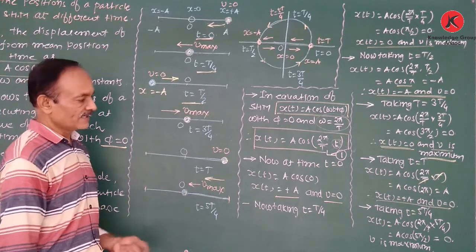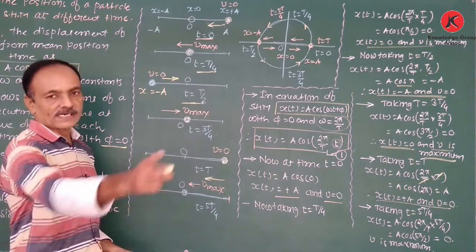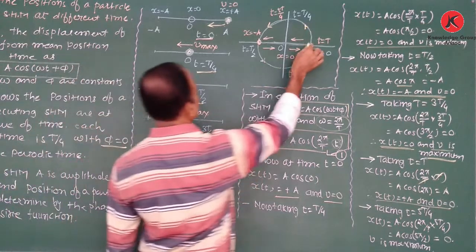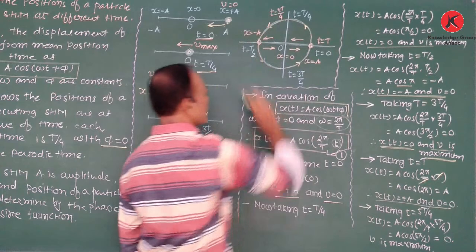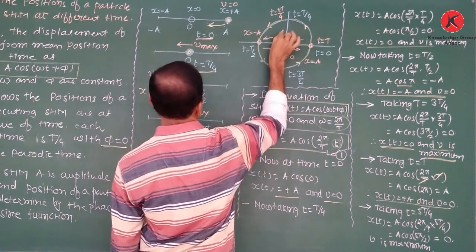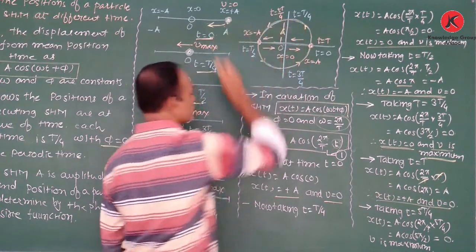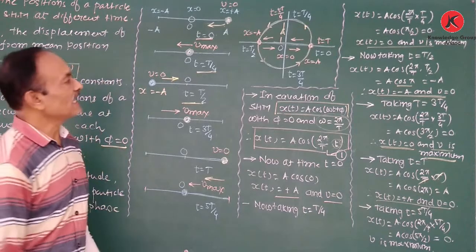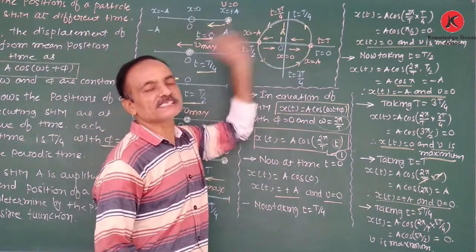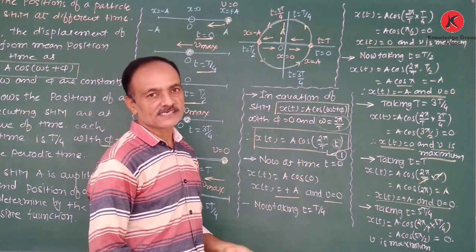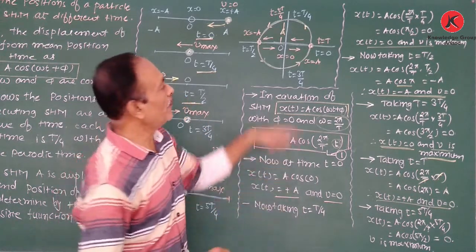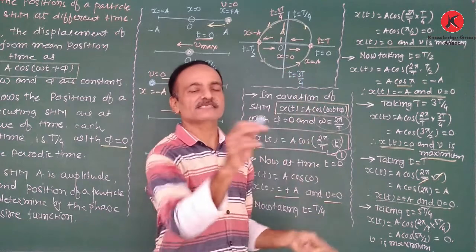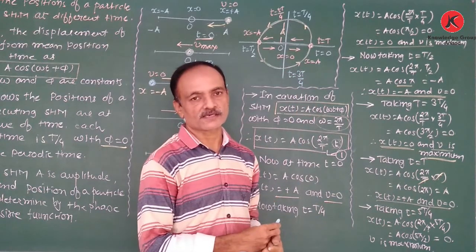Now consider the particle moving on a circular path, this way, having radius capital A. And as we consider the projection of this particle on the axis, the motion of the projection of the particle performing circular motion represents the simple harmonic motion.